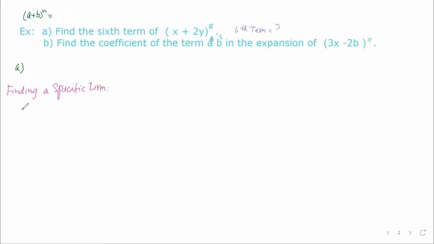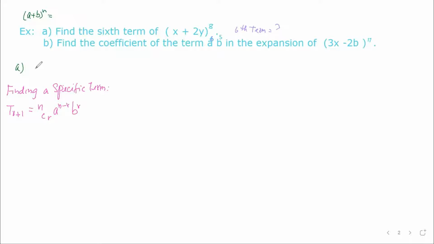Okay, this one, the formula is T R plus 1, T means the term, equal to NCR A power N minus R B power R. Okay, this is the formula of the specific term.